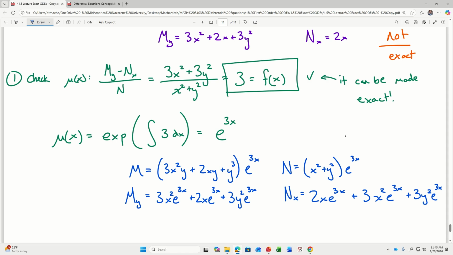And it works, right? Now these are equal to each other, so now we have an exact ODE.